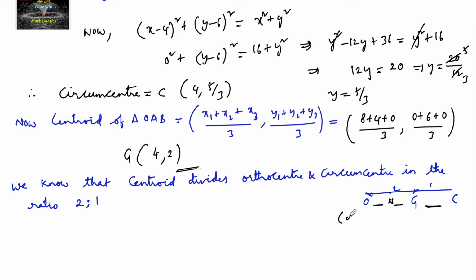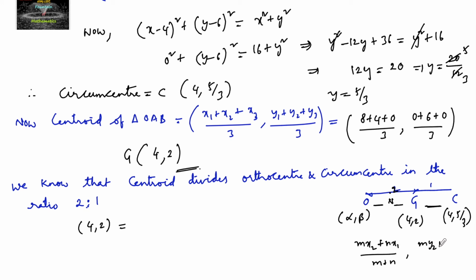Let the orthocenter be (alpha, beta), the centroid is known (4, 2), and the circumcenter is known (4, 5 by 3). And now by using the section formula, the ratio is given 2:1. So we can write (4, 2) is equal to (m x2 plus n x1) upon (m plus n), and (m y2 plus n y1) upon (m plus n).